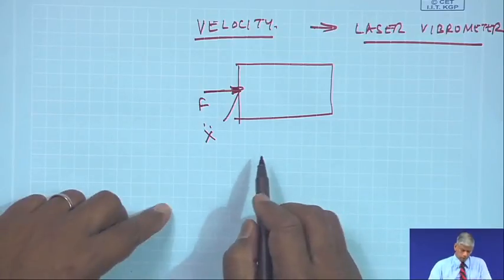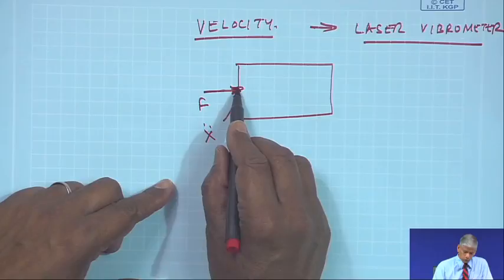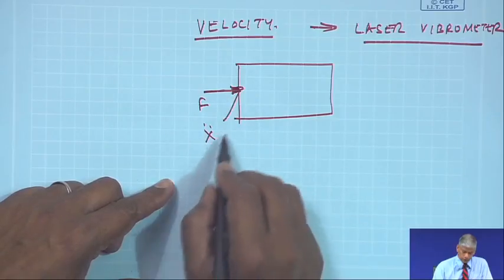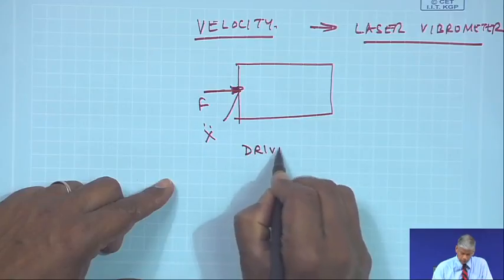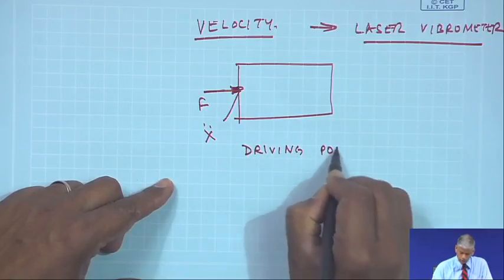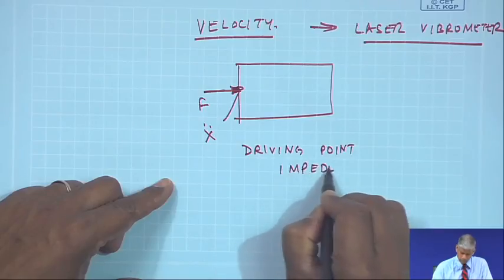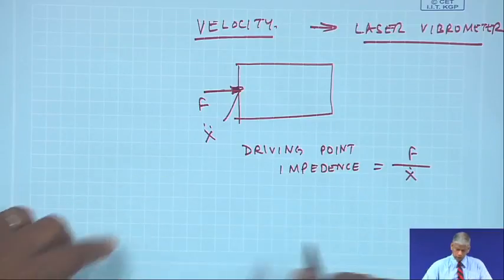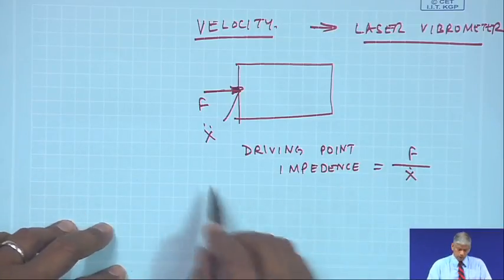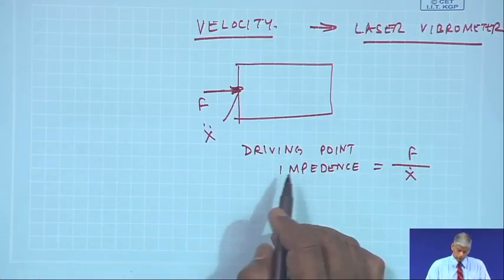So, if I have a transducer close to this, I can measure both x dot and f, and that is known as the driving point impedance, which is nothing but f by x dot. But if you measure x double dot, you can always integrate and get x dot.